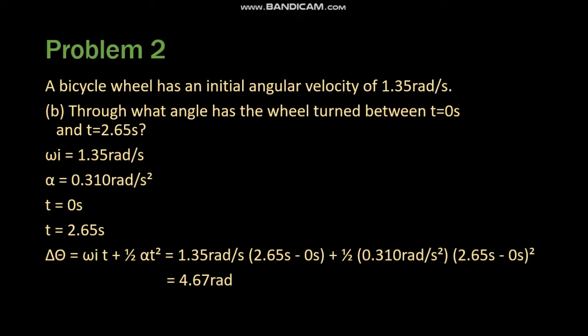We can't use the previous formula because it doesn't have theta, the angle. So out of the four, we use this formula to solve for the change in angle: change in angle equals initial angular velocity times time plus 1/2 of angular acceleration times change in time squared.